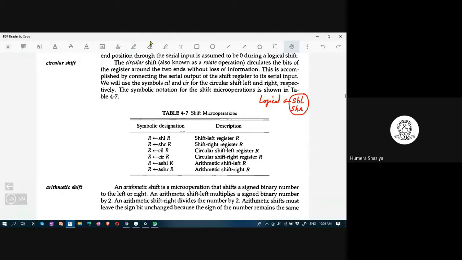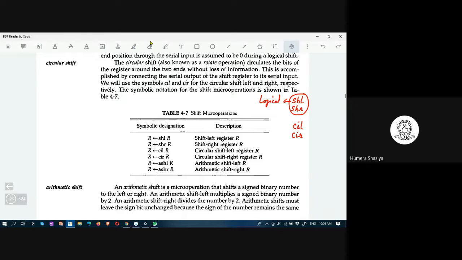Then the second type is circular shift. How do you designate circular shift? CIL is circular shift left, L for left. CIR is circular shift right, because this R is there, no? R for right. These two belong to circular shift. The third category is arithmetic shift.